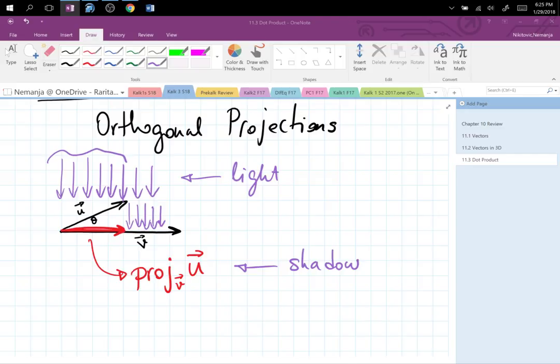Good. So now we have this framework, and let's write the formula and then look into the formula. Now in the book, there is a derivation for the formula. Those of you who are in the honors part, you are responsible to derive this formula. So your question on the exam might be just derive the formula for the orthogonal projection.